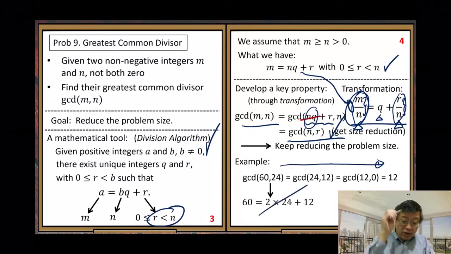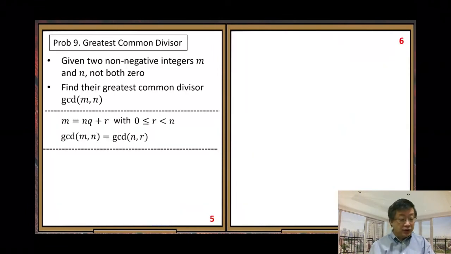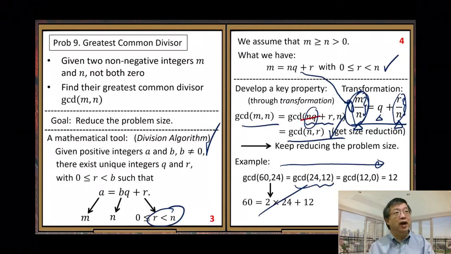We know the quotient times the divisor term can be crossed out, and we can update the GCD expression. So the second GCD expression is GCD of 24 and 12. And we know 24 is a multiple of 12, so the answer is 12. So this is a completely new method, right?